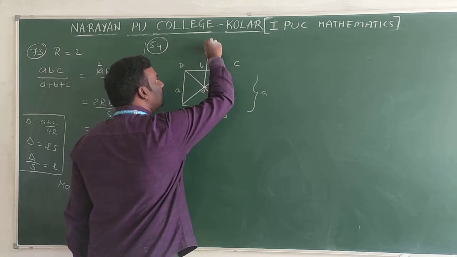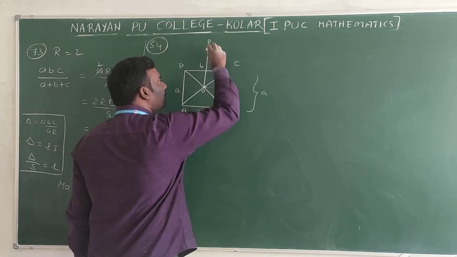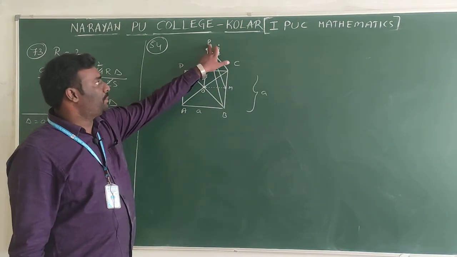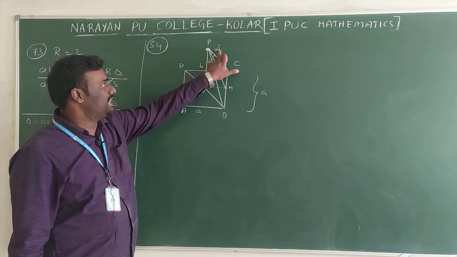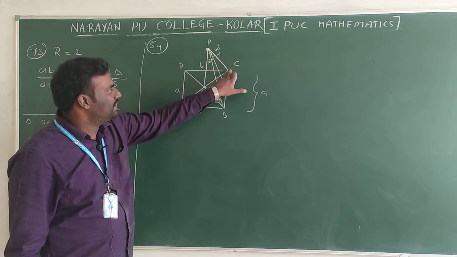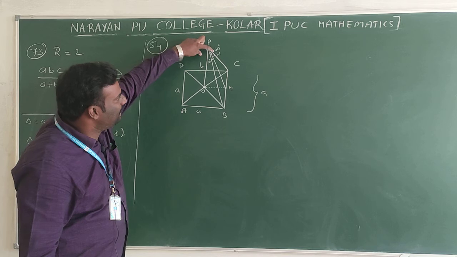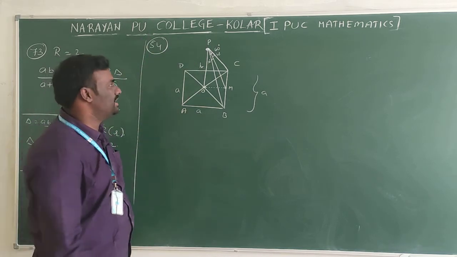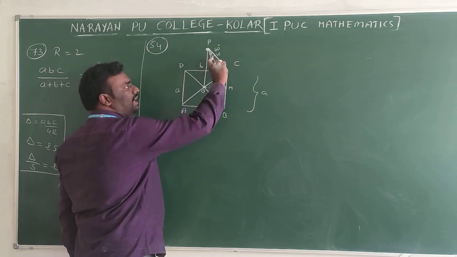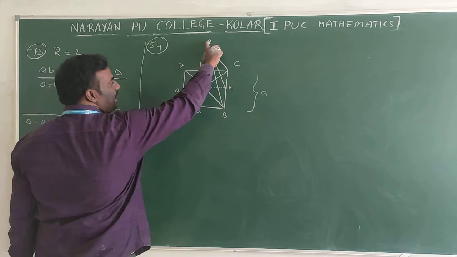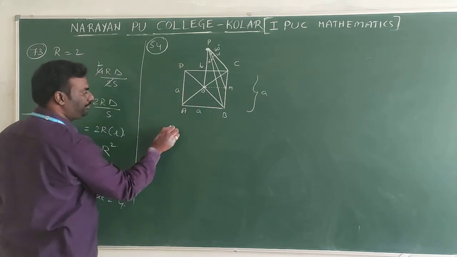Now the top of the tower makes a 60 degree angle at each side. This total angle is 60 degrees. I am bisecting it into two equal angles, so this is 30 and this is 30. Now you can take the triangle PMB.